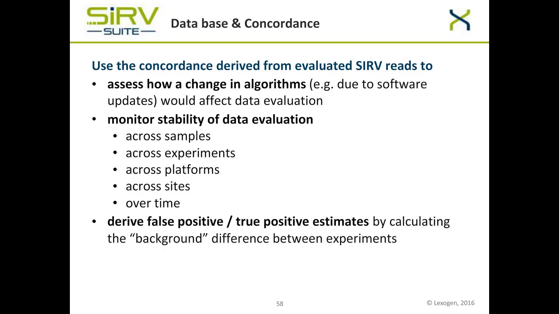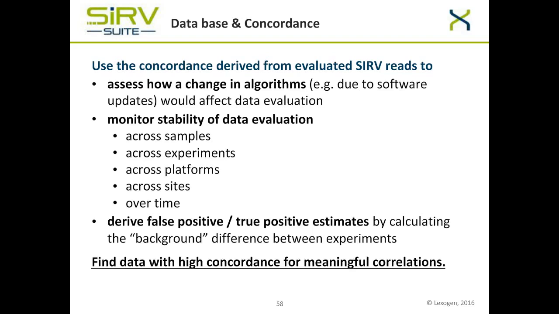And a very nice feature is that you can derive a very good estimate about the false positives and the true positives, because the concordance already gives you the background difference between experiments, and from this, for example, you then can calculate how many validation experiments are necessary, how many qPCRs you have to run, and so on.